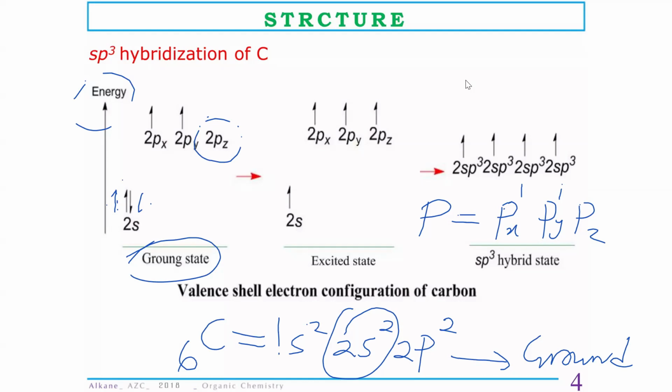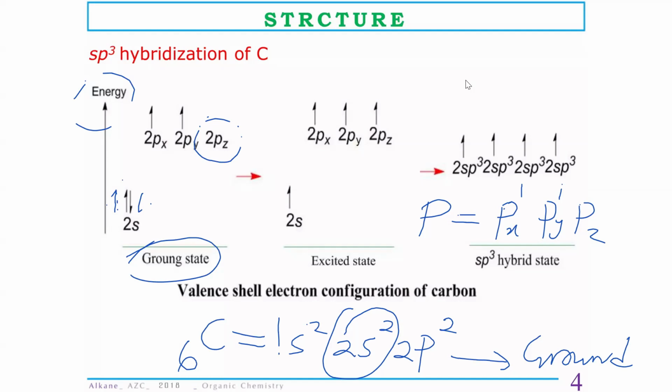But in the excited state, because the 2s and 2p have the same energy level, it means that there is a possibility that 1 electron from 2s can jump. It can jump to the pz. So that is what happened here.